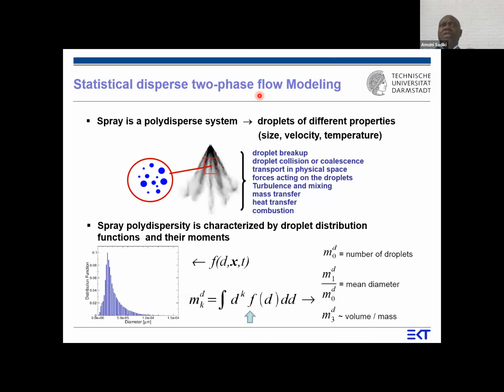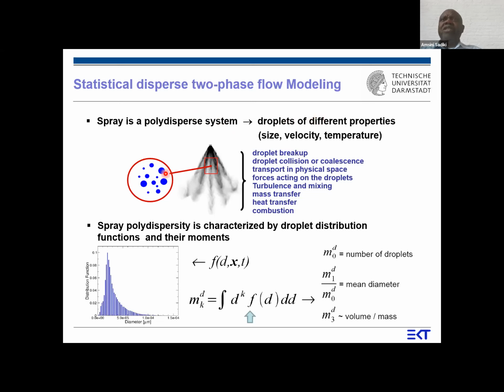We have introduced the statistical modeling for dispersed two-phase flow, because we know that spray is a polydispersed system. Polydispersed means that the droplets have different properties of size, velocity, and temperature.